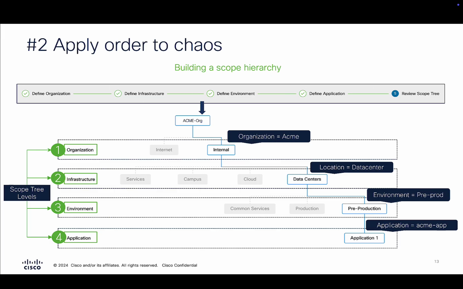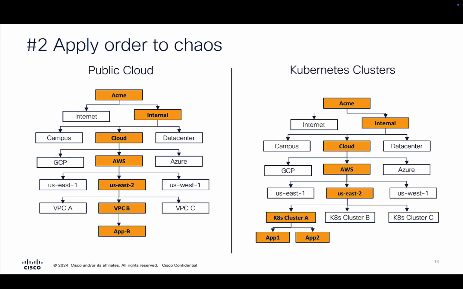Let me give you a couple of more examples just to help you understand this idea of organizing your application in this sort of hierarchical manner. So public cloud, right? Now, if you are familiar with any of the public cloud, you may have noticed that they already have this sort of hierarchy available inherently in the public cloud. So I will take example of, let's say, AWS.